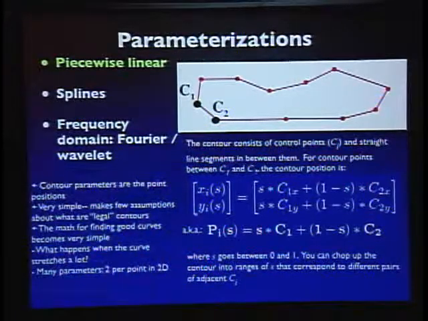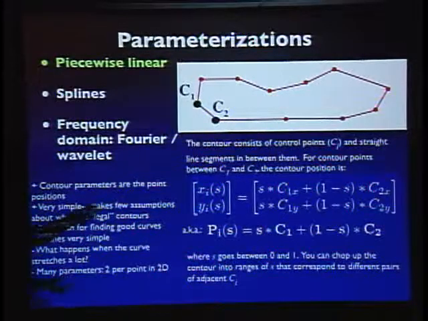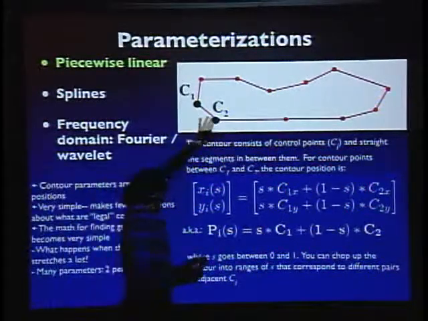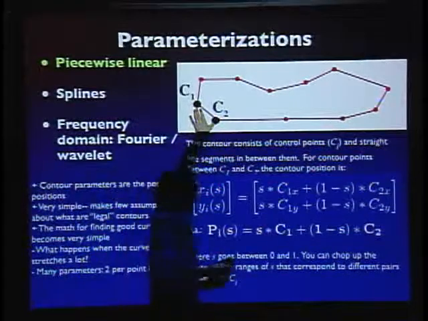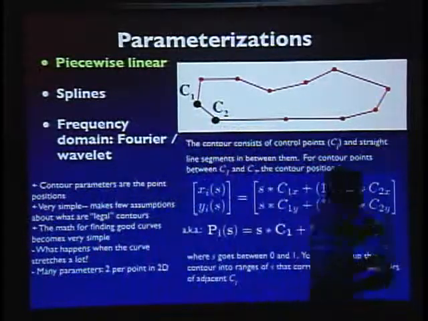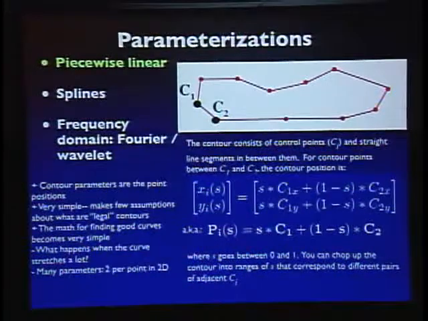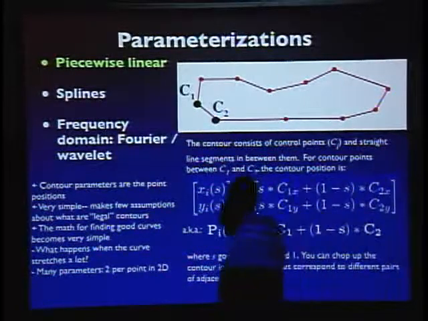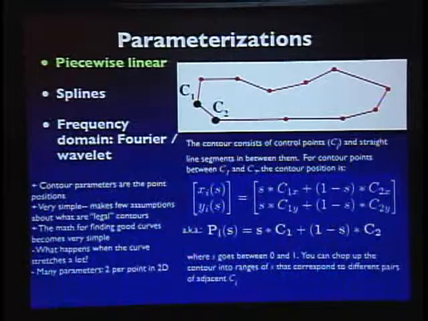So that is one potential limitation of using what's called a piecewise linear parameterization. It should be obvious why it's called piecewise linear, because you're breaking the entire boundary up into pieces, each one of which is described by a linear function. So there are a lot of parameters, by the way.